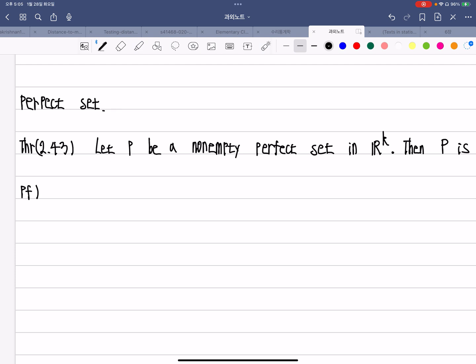Since P is closed, P has a limit point, so P must be infinite. It is clear that P is an infinite set.